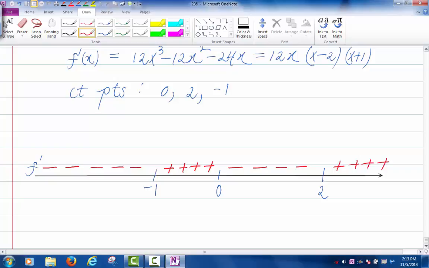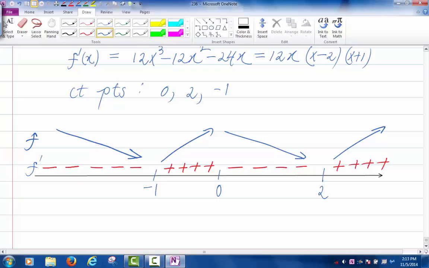If you look into your notes, that's what you're going to find. And then what can I say about the function f then? I can say that the function f is decreasing here, right? It is increasing here, and it is decreasing here. It is increasing here, right?